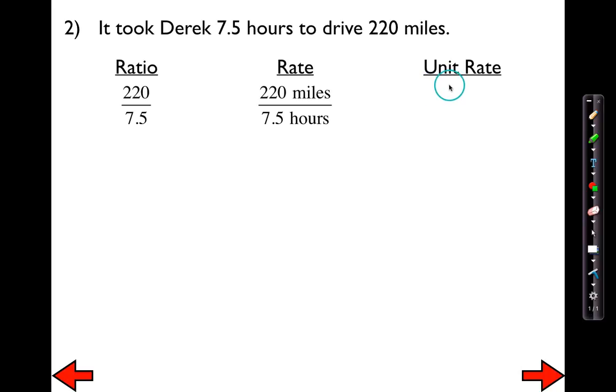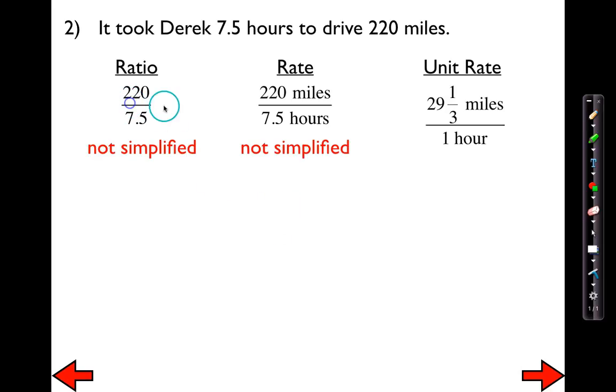But for the unit rate, it's very specific. We want to know how much it is for 1 hour, and for that reason, to simplify, we will divide. So 220 divided by 7.5 is going to come out to be 29 1/3 miles per hour. So again, ratios are not necessarily simplified, rates are not necessarily simplified, but unit rates must be simplified, and we do that by dividing.